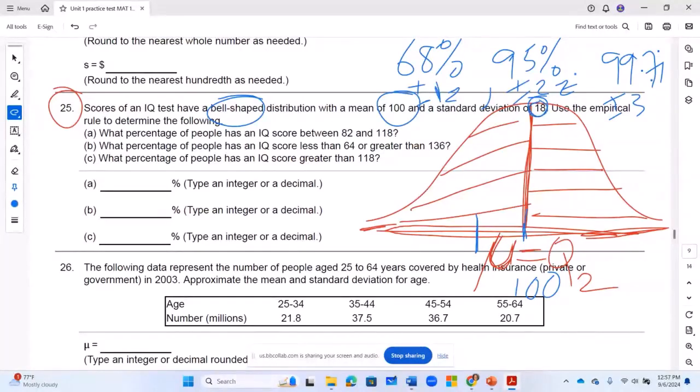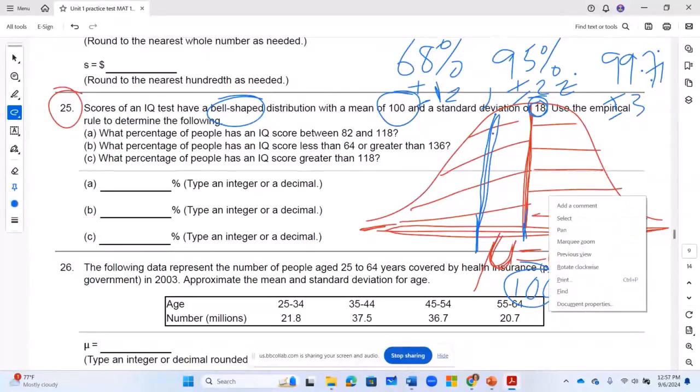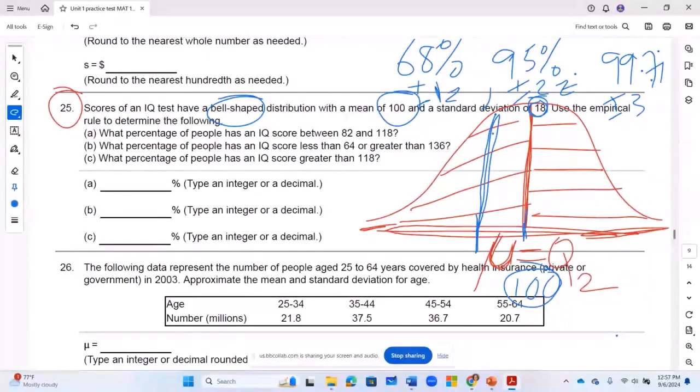So if anybody has an IQ of one standard deviation below the mean, then it is 100 minus 18, because the standard deviation is 18. 100 minus 18 is 82.